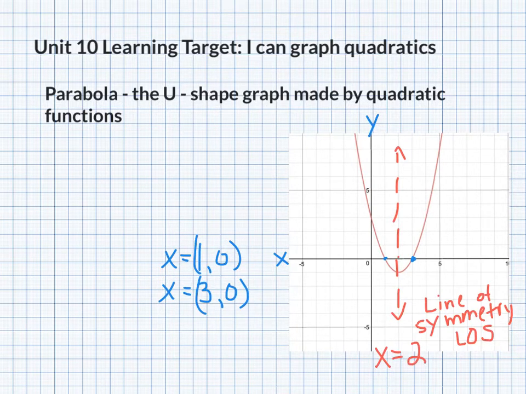On this graph, I can see there's a minimum, a lowest point. So the vertex, right there in the green, is a minimum. The minimum point looks like (2, -1).